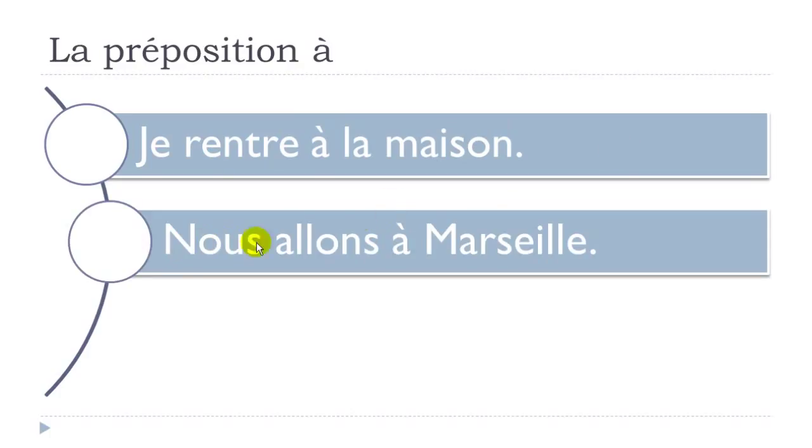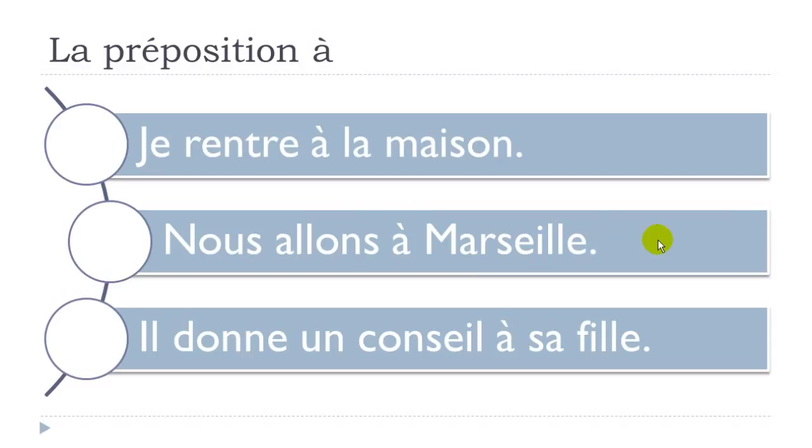Second thing, nous allons, allons is to, aller is to go, à Marseille. Nous allons à Marseille. So we go to, all right, so in that case you should use this preposition à. Then, il donne un conseil, donner is to give, un conseil, an advice, so he gives an advice à sa fille, his daughter.